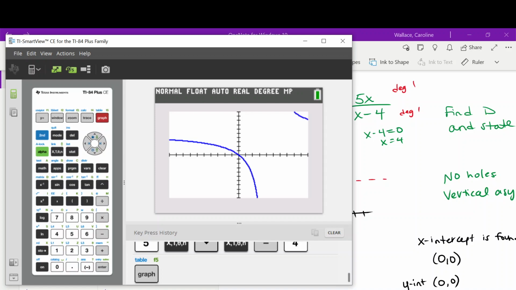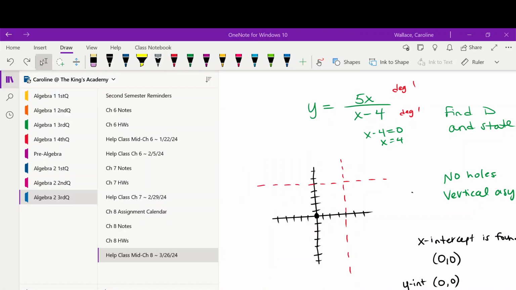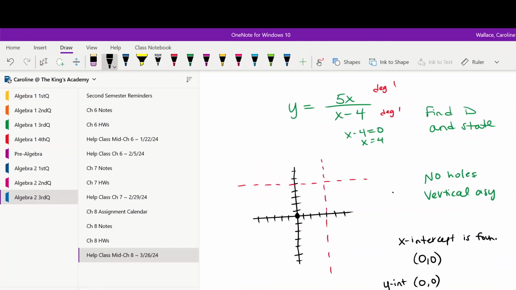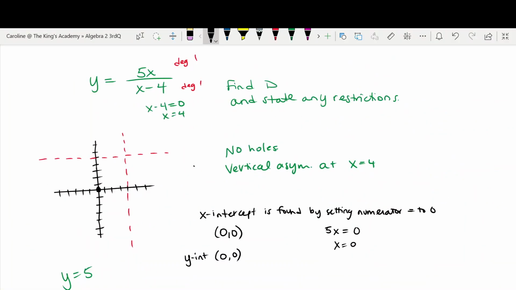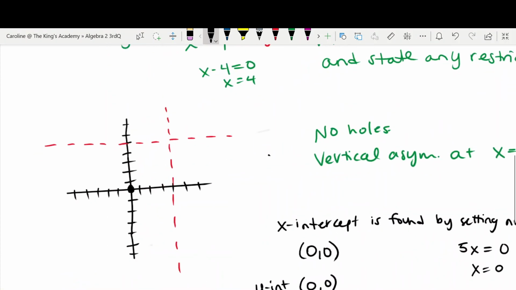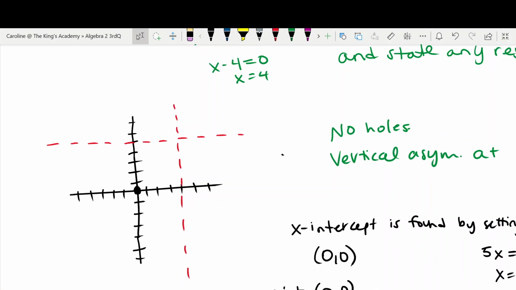There it is. How did I know that? Well, you have to know what these dotted lines actually are. What are they called again? What do asymptotes do? When you say they can't go further than them, we mean the curves will be approaching them without ever really reaching them.